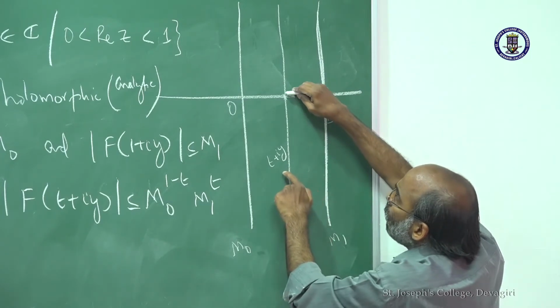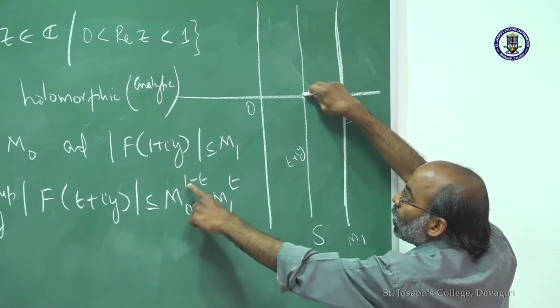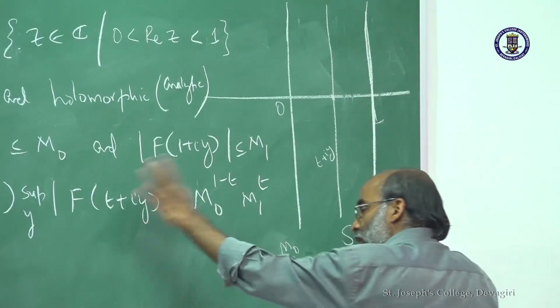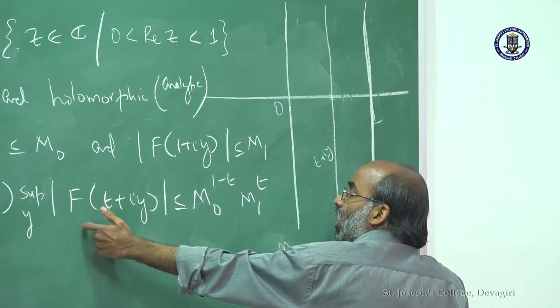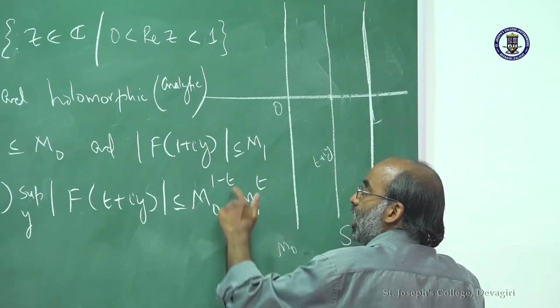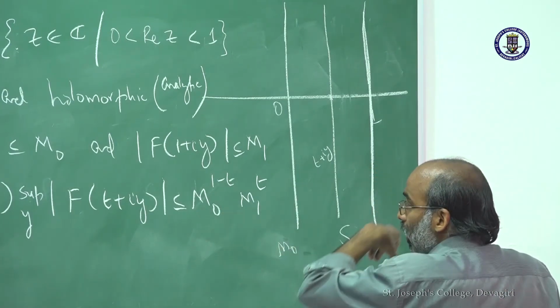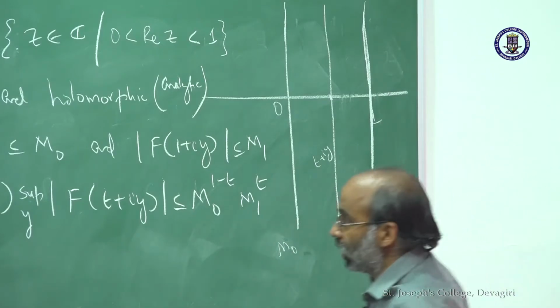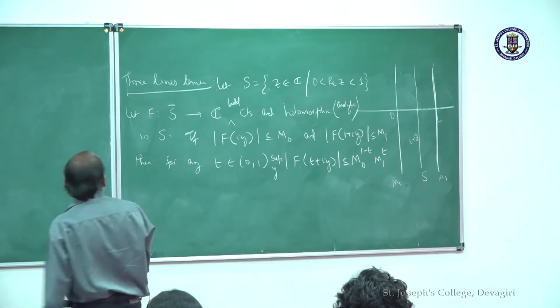Then if I take t, I will have m0 to the 1-t and m1 to the t. So, that gives me the bound. The convexity comes from the fact that if I take the log of this, I will get (1-t) log m0 + t log m1, which is the same as saying the log of the modulus of f is a convex function. That is what this says. So, that is why the convexity.